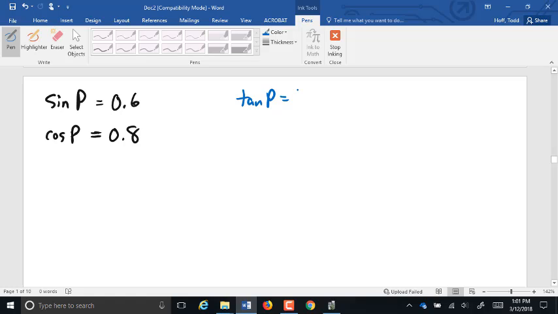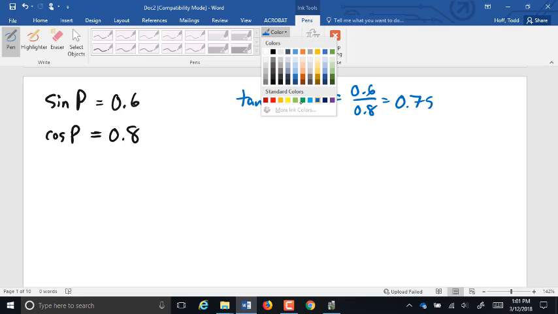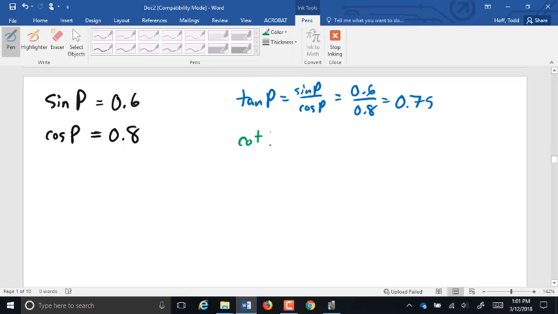Yeah, what's tangent going to be? You got it, sine of P over cosine P, or 0.6 over 0.8, or 0.75. Can I find cotangent of P? Yeah, that'll be cosine over sine. 0.8 over 0.6, 1.333, right? 1 1/3.